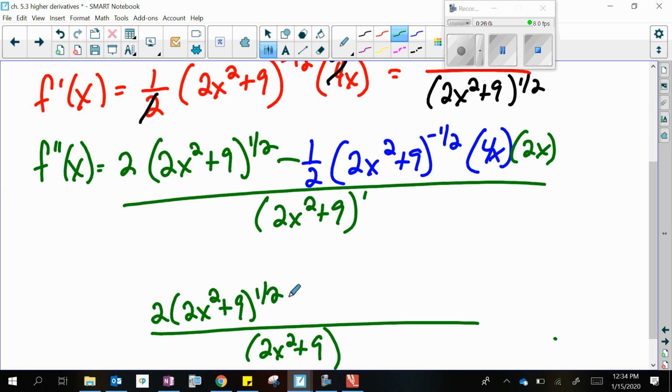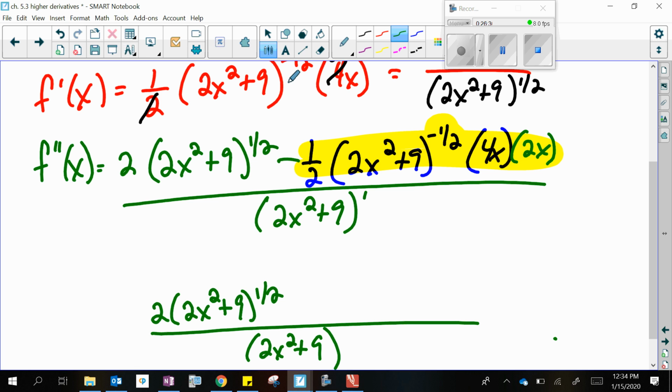What happens on this second part? What do we have to do as we clean this up? What do we have to do with this negative 1/2? Move it to the bottom, but if we need to move it down here to the bottom, we're actually making another layer in our numerator. Does that make sense?